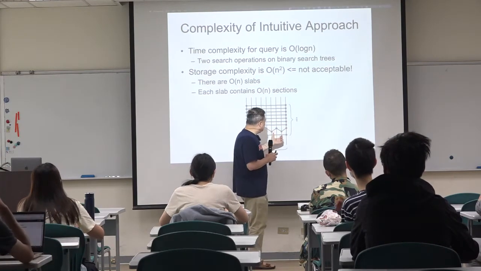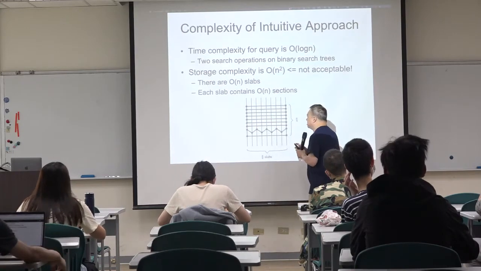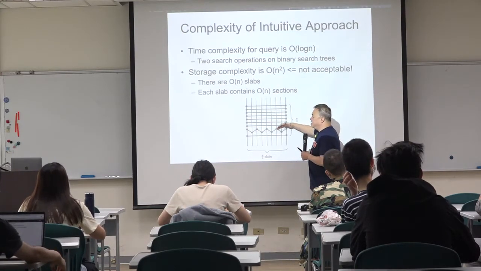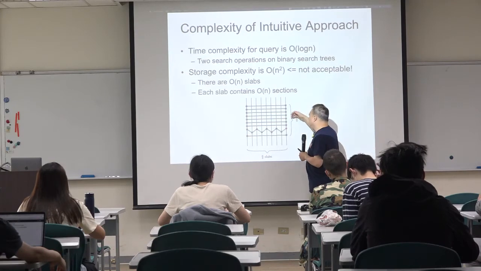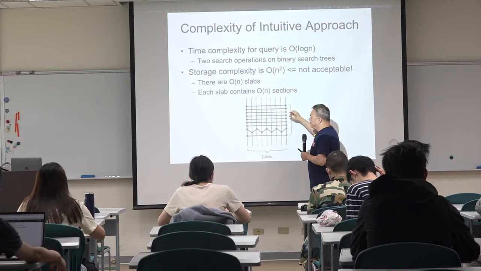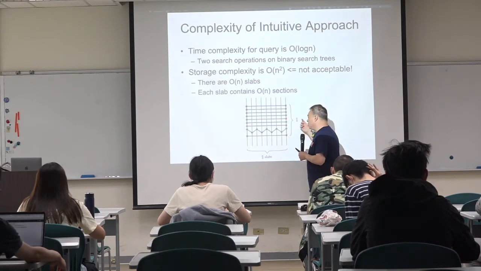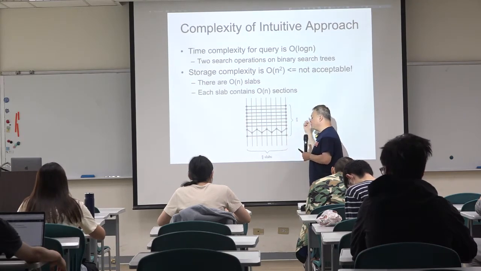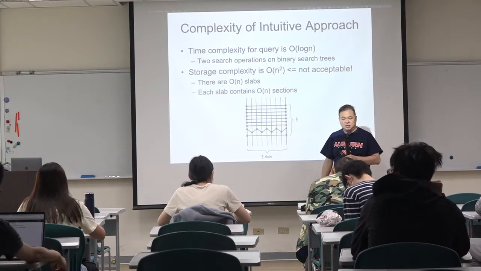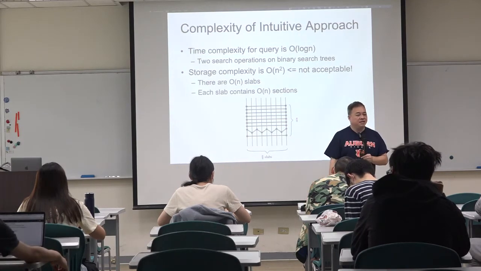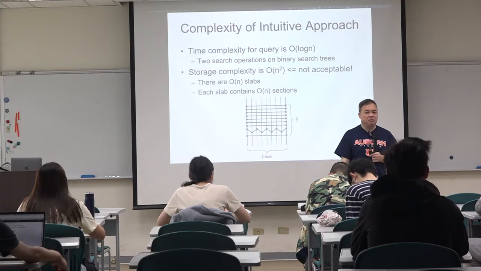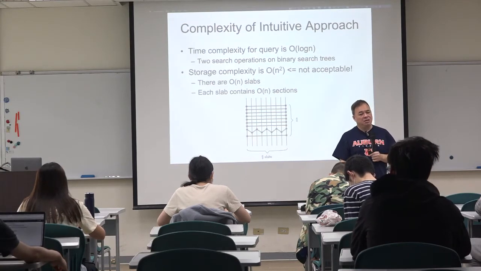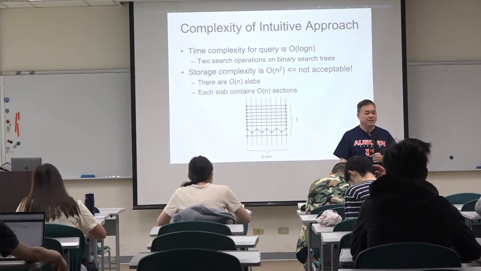But each slab, because of the horizontal edges, will end up having approximately n divided by 4 small regions. So when you multiply, because each slab will have this many regions, the total region will be n squared divided by 16, which is obviously big O n squared, right?